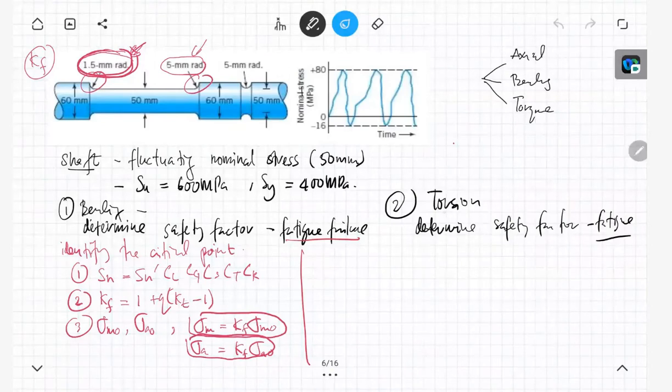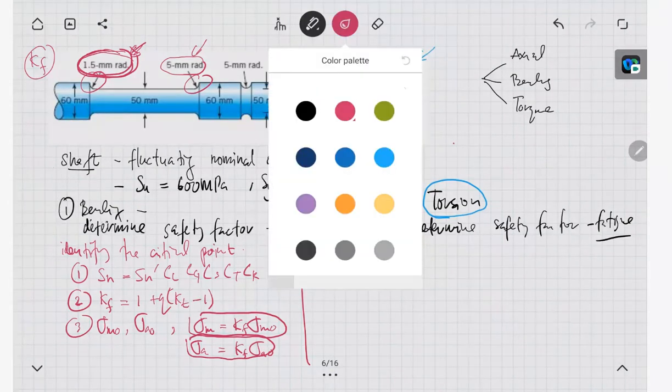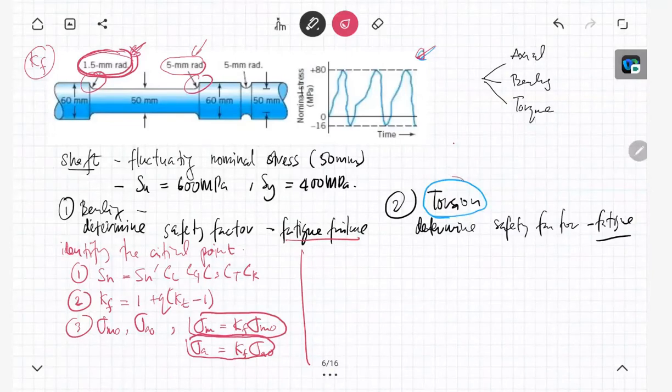If this is torsion, it means that you have shear stress. You have shear stress here.